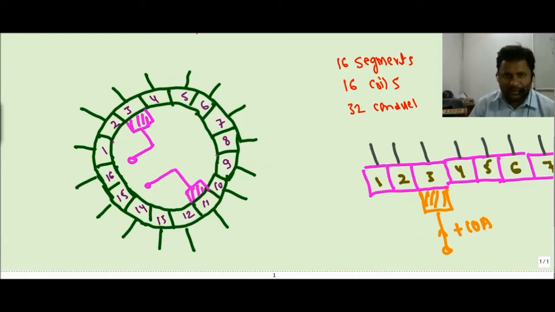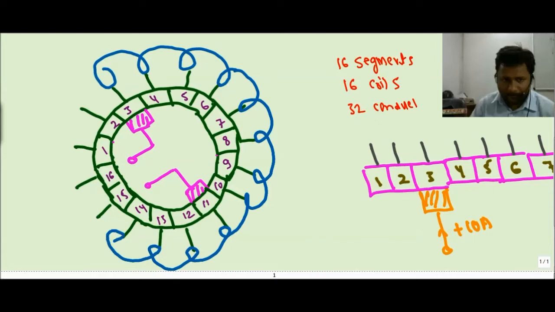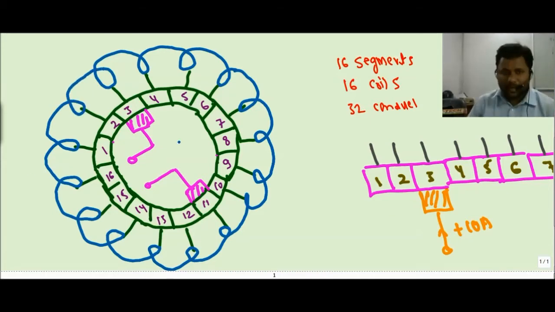If I put the coils in this fashion, these are the commutator segments, and these are the coils: this is coil 1, this is coil 2, coil 3, coil 4, coil 5, like this.